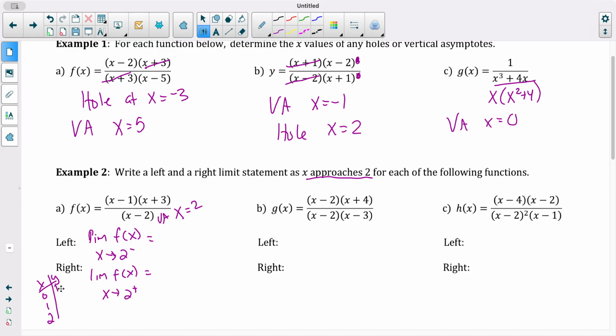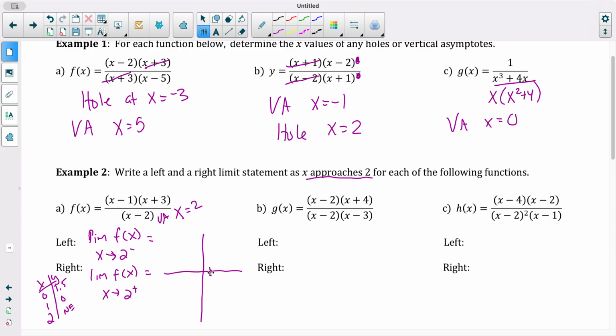So 0 gives 1.5. We already know 2 does not exist. But if I substituted in 1, I would just get 0. So obviously as it's coming from the left, okay, I'll give you a visual of that one.